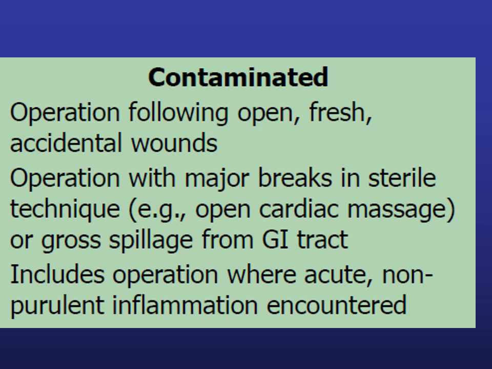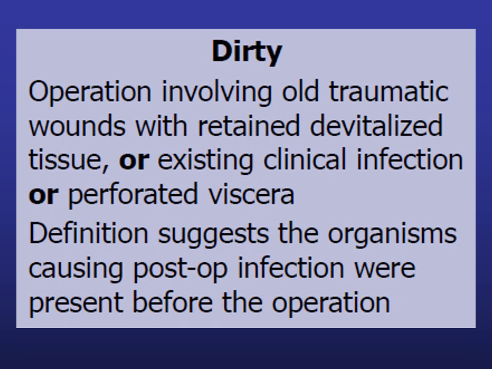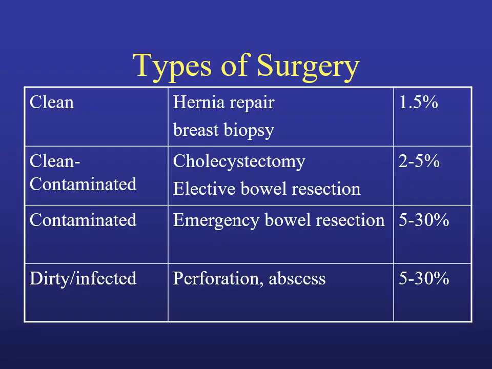If you are operating on a dirty surgery, like gross spillage from a viscus, perforated viscus, like feculent peritonitis, or there is pus and abscess, intraperitoneal abscess مثلا, or a major break, or there is devitalized, dead necrotic tissue, كل هذه نسميها dirty surgery. زي ما حكينا هذه predicts outcome.